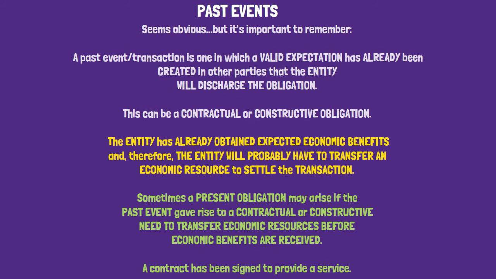So now that we have defined contractual and constructive obligations within this overall definition of a past event, being that it is a point in time whereby a valid expectation has been created between two parties, where one will have to discharge an obligation to another in return for a transfer of economic resources, let's explore how these may occur.